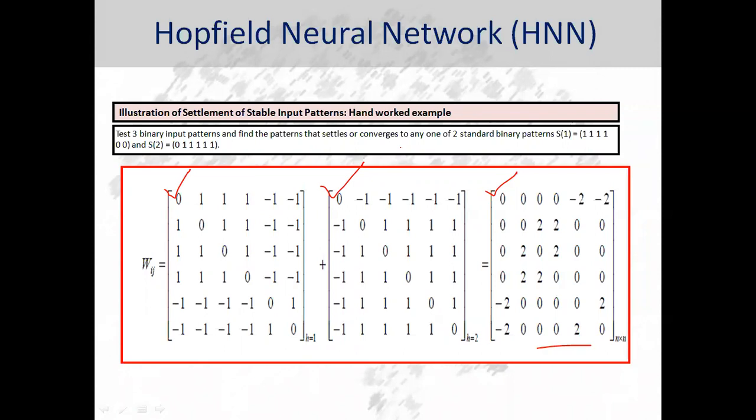The problem statement was that we need to store two patterns, S1 and S2, using Hopfield neural network and then test the trained neural network for responding, or for extraction of patterns, corresponding to three input patterns. Suppose these three patterns are those which are stored in the neural network, then there is no problem.